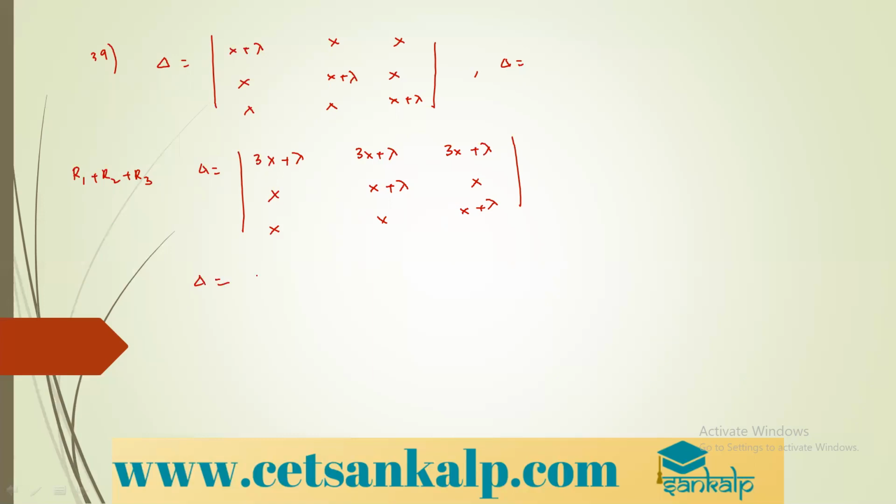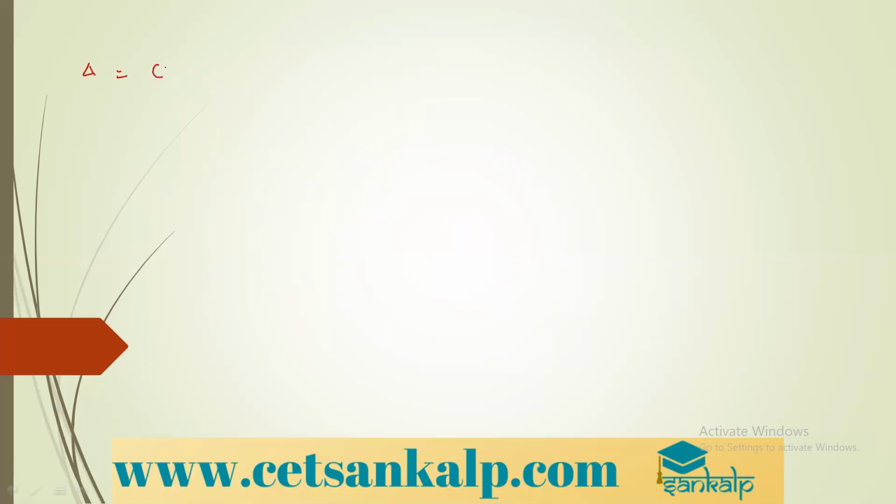Then we can pull out 3x plus lambda. 1, 1, 1; x, x plus lambda, x; x, x, and x plus lambda. Always, whenever you have ones, we will try to make two of the ones 0. So we will apply operation on it. The operation we are going to apply is C3 minus C1 and C2 minus C1. So C1 is not going to change.